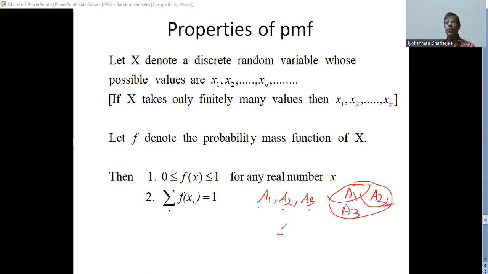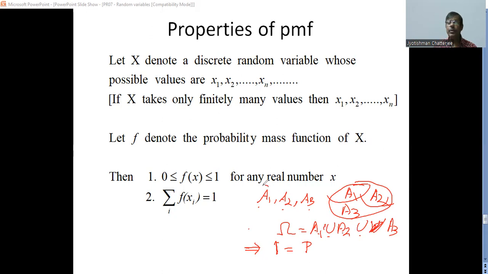In that case, omega equals A1 union A2 union A3. And when you take probabilities on both sides, we get probability of omega, which is equal to 1, and that is the same as the probability of A1 union A2 union A3.